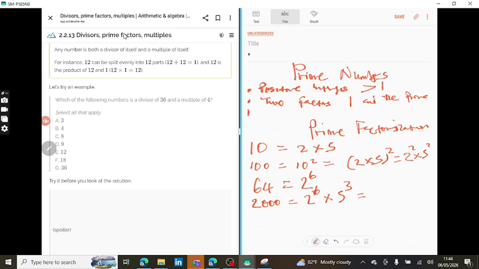Okay, 5 raised to the power 3. 5 raised to power 2. 5 raised to the power 3 or 2?